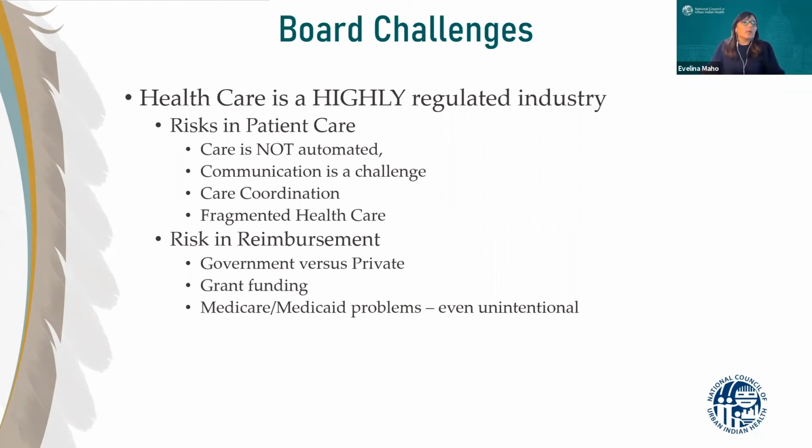When we're talking about risk and reimbursement, government versus private, grant funding, Medicare, Medicaid problems, even unintentional events could occur where our healthcare system might be challenged. So as a board of directors, we want to understand the type of healthcare we're delivering, the services we're providing, and our scope of work.